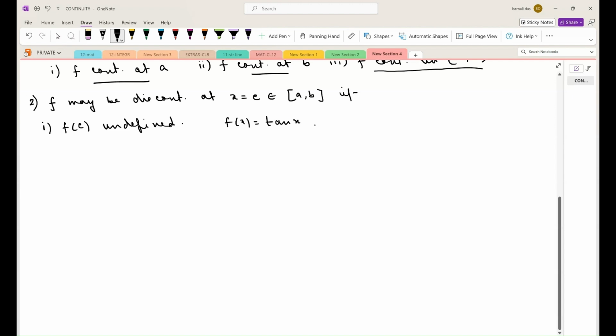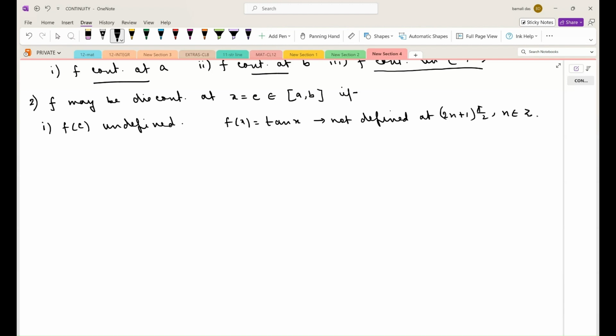You know that tan x is not defined at all odd multiples of pi by 2, that is, at (2n+1) pi by 2 where n belongs to Z. So when I say whether tan x is continuous or not, if you consider the whole of R, obviously it is not continuous.